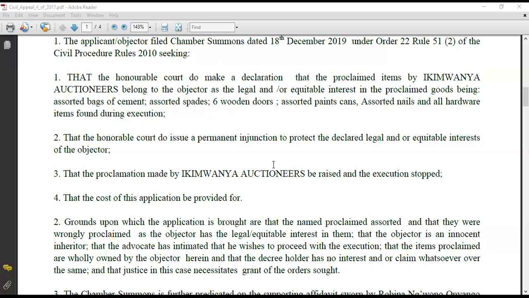So the question was testing on interpleader application. So you draft an interpleader application. That is what the question was testing.